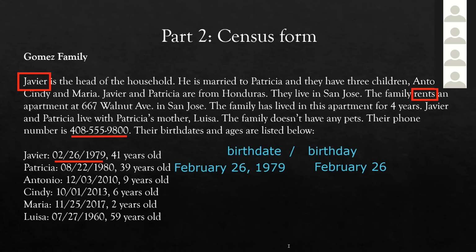If I ask you, what's your birthday? You say, February 26th. But I don't know how old, right? I don't know, maybe 20 years old, 30 years old, 40. This is for birthday. But over here, this is birth date. Almost the same, but birth date has the year.